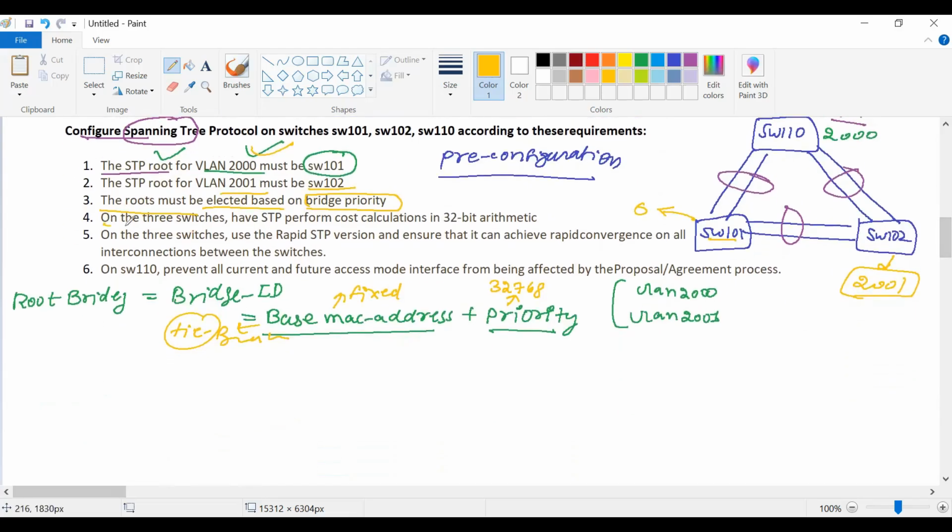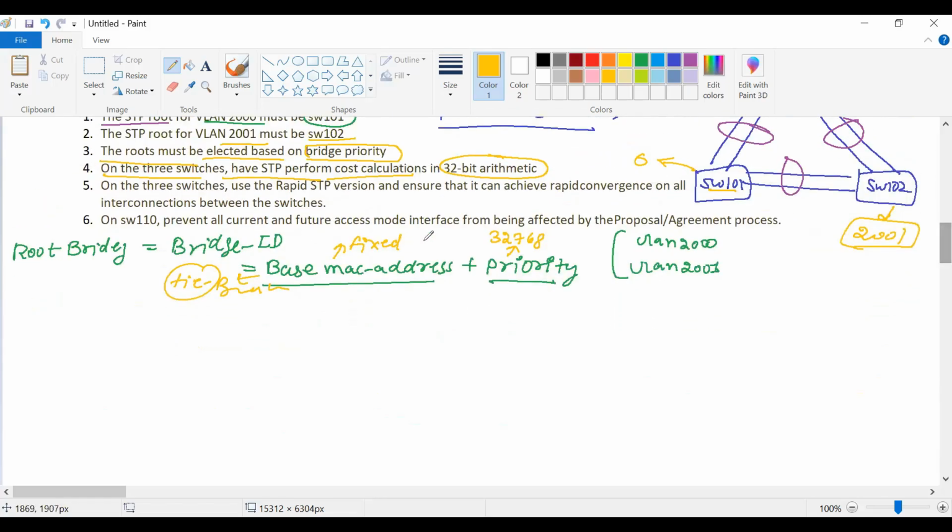Then, on the three switches, have STP perform cost calculation in 32 bits arithmetic. Again, it is not asking you to configure a protocol like PVST plus or anything. It is saying that you have to configure an STP mode which uses a 32 bits metric.